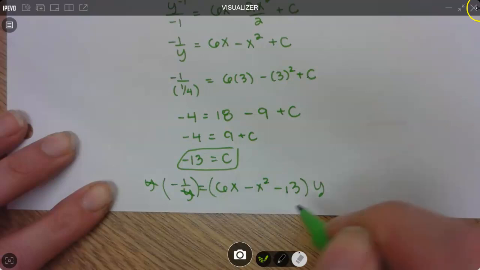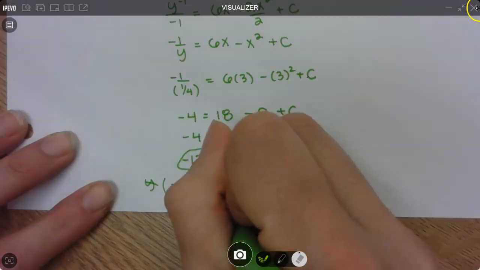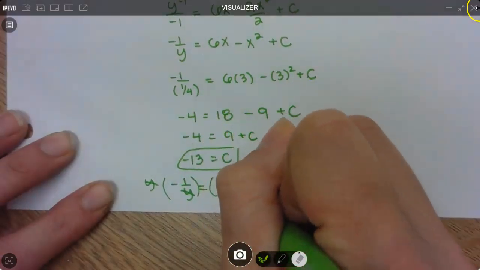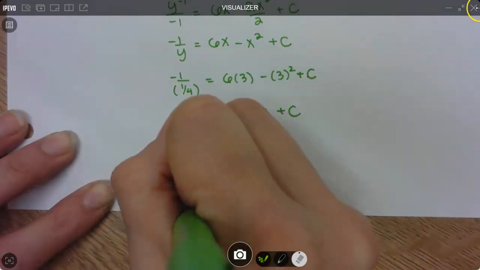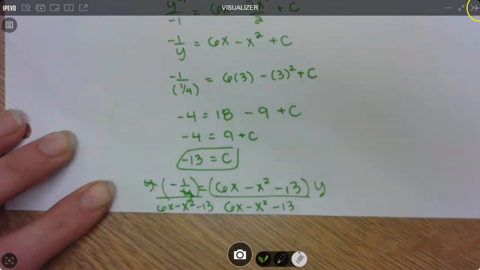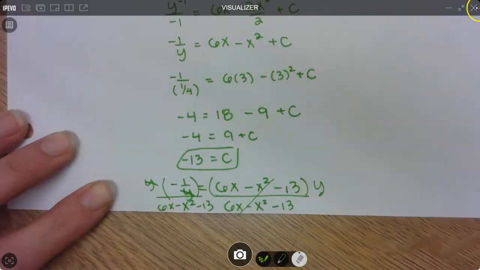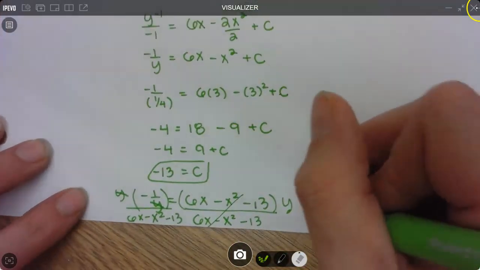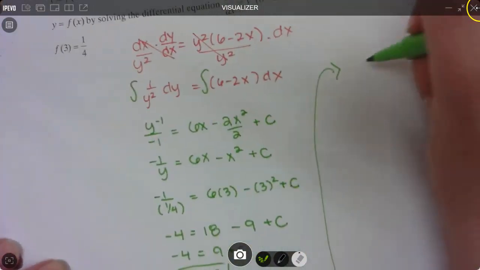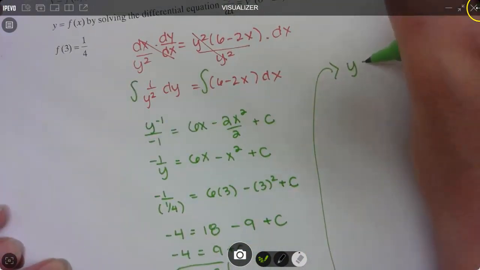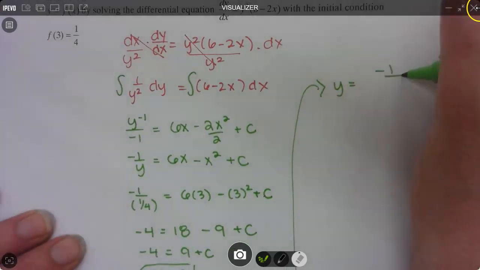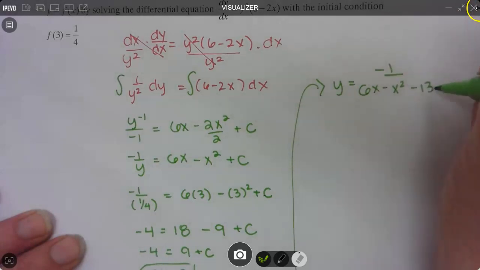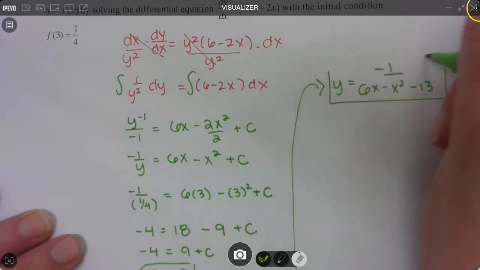If I want this y to be isolated, I'm going to divide by my 6x minus x squared minus 13. So I ultimately end up with y equals negative 1 over that.